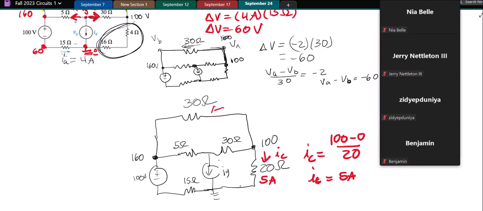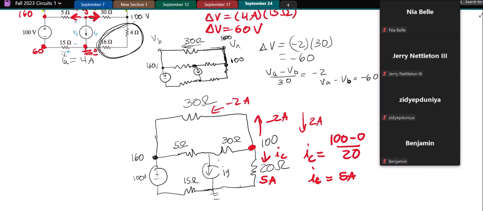I had, this was minus 2 amps if I recall. So now if I look at this node and I have 5 amps going down and I have negative 2 amps going up, that is equivalent to saying I have 2 amps going down.